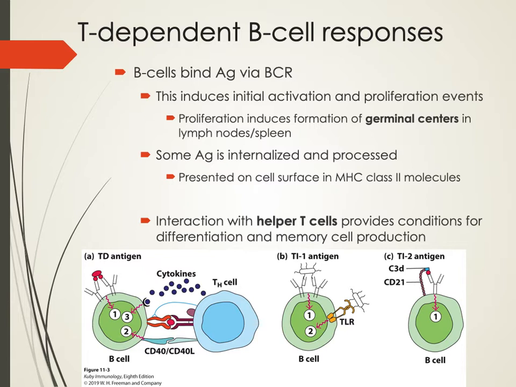We have signaling that's coming in because of the interactions with the T cell, and more specifically with the CD40 ligand interactions. And then we also have signaling that's coming in through the receptors that recognize the cytokines that are being produced by that T cell.